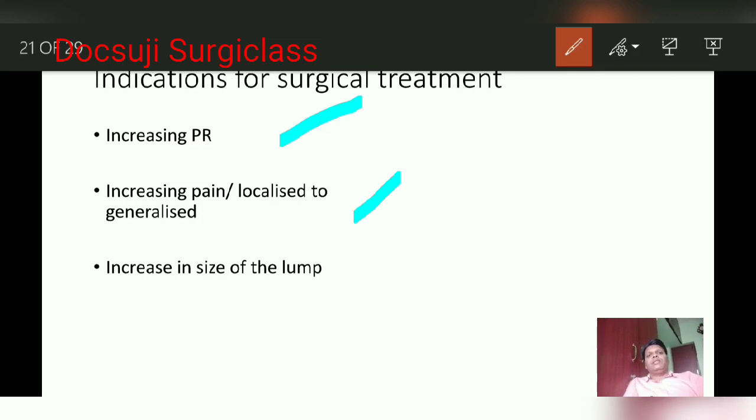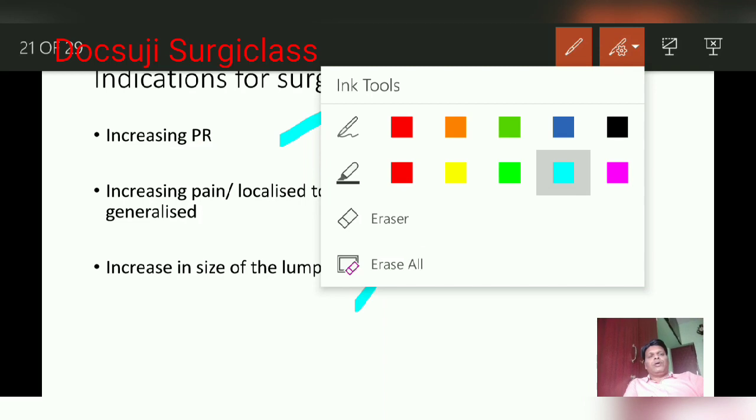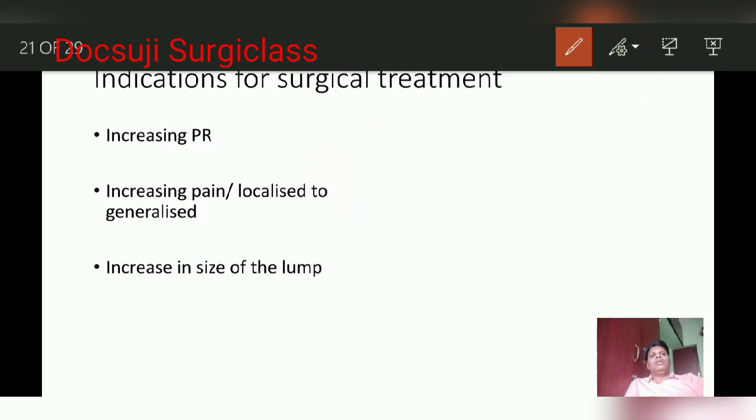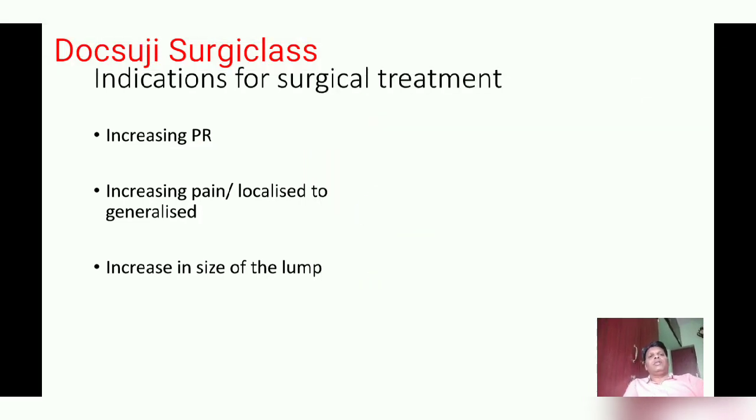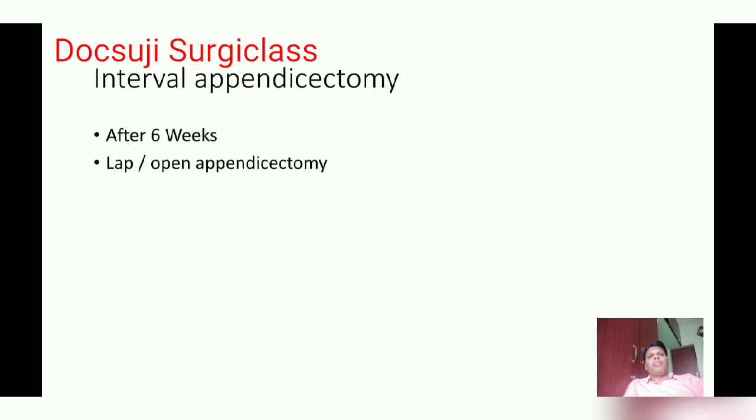Or any increase in the size of the lump, that is also indicative of peritonitis. So in these cases you have to change to surgical treatment, no need for the conservative line of treatment.